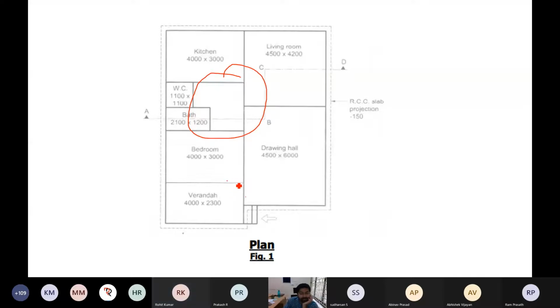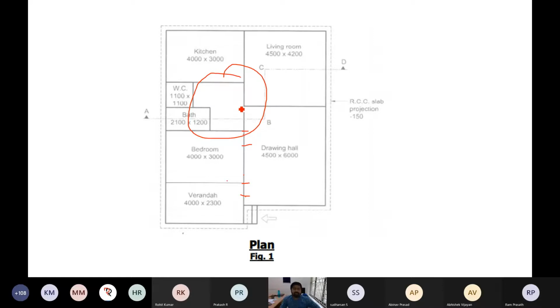Drawing hall, right, drawing hall only. Then drawing hall you are coming like this. Where do you provide the bedroom door? Here or here? Bottom or top? The father side, here only. Okay, so it is coming like this.